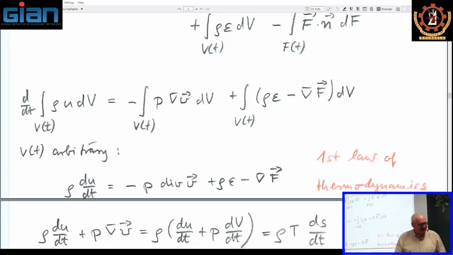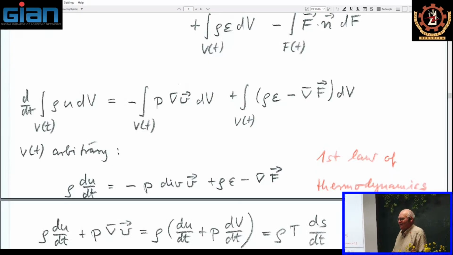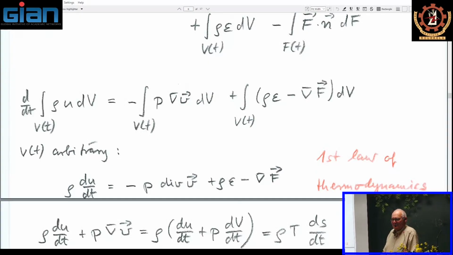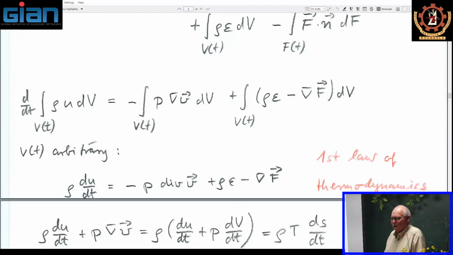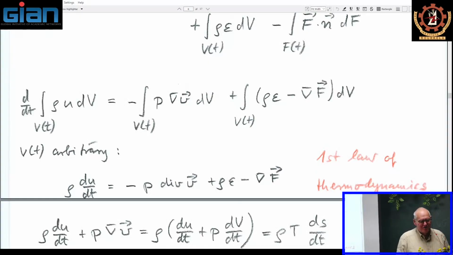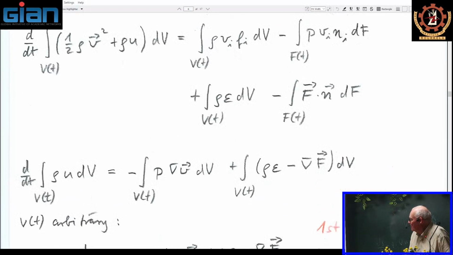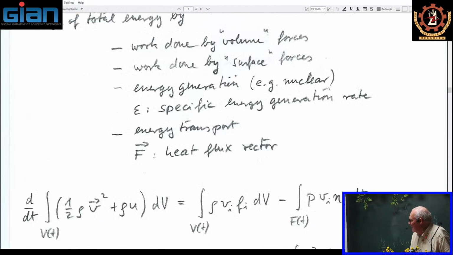Well, you may object here, because what have you done? It seems that we have proved the first law of thermodynamics. You cannot prove the first law of thermodynamics. So I would like to point this out: our way of arguing with the energy balance was consistent with it.